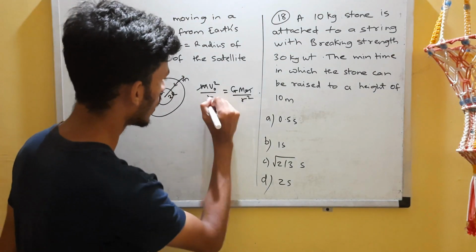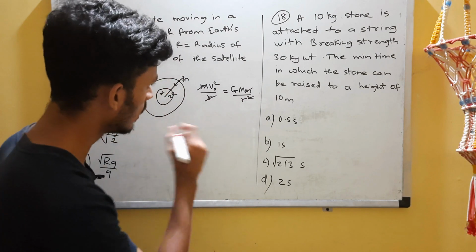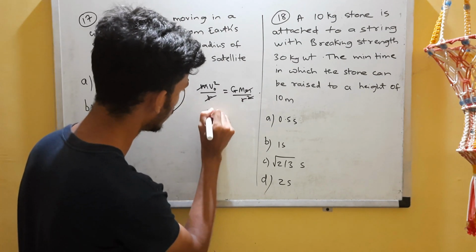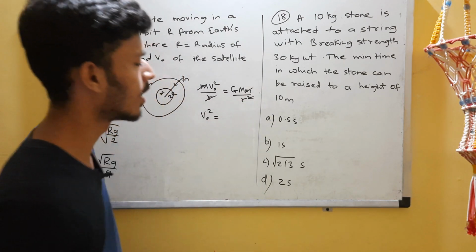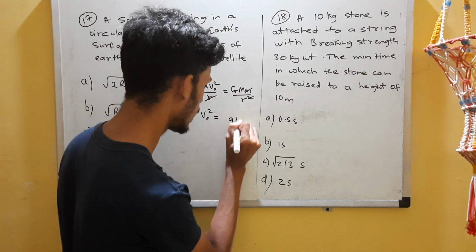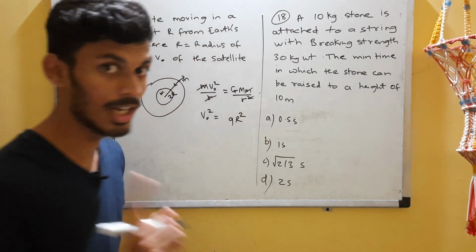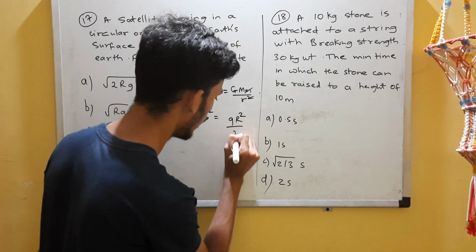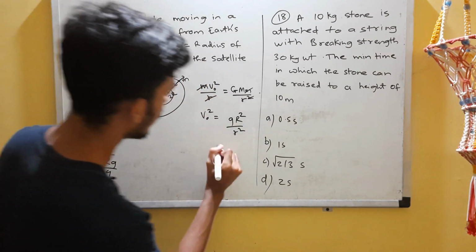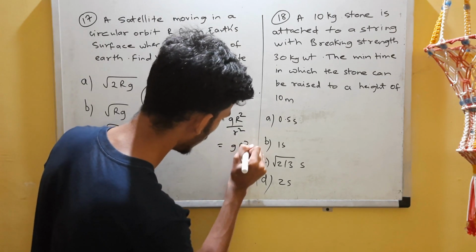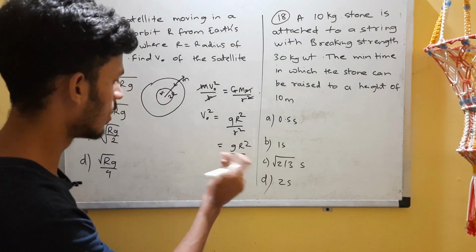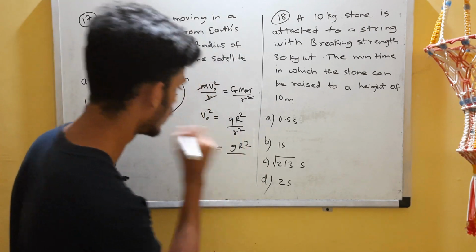So again one of the r's can get cancelled. So v naught square equals GM, you can very well write it as gR square, R being the radius of the earth, divided by r square. Now substitute. What is small r?